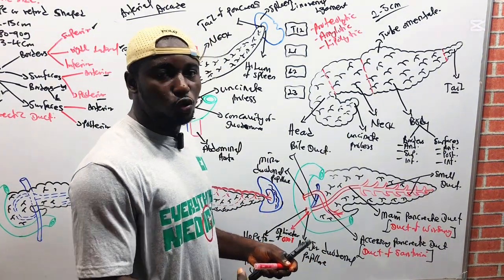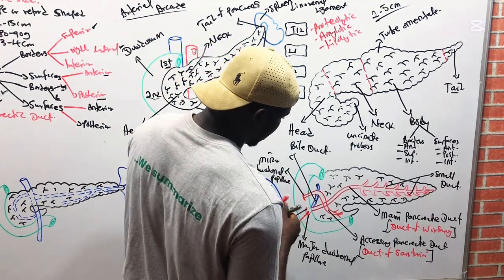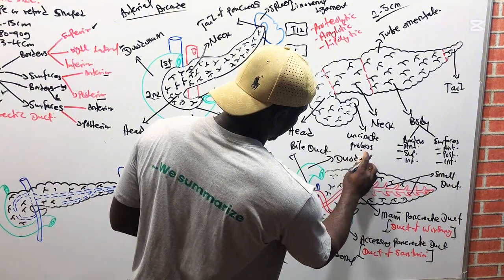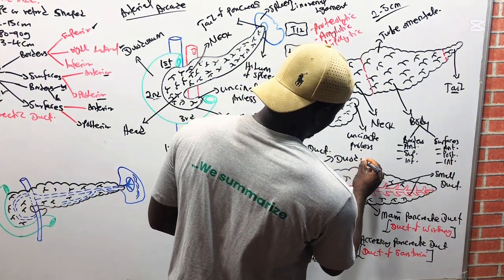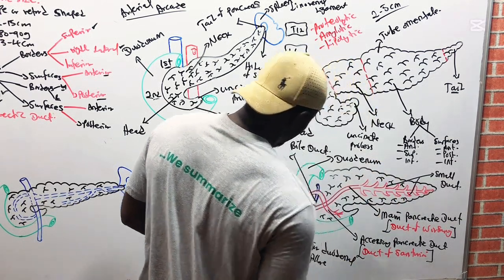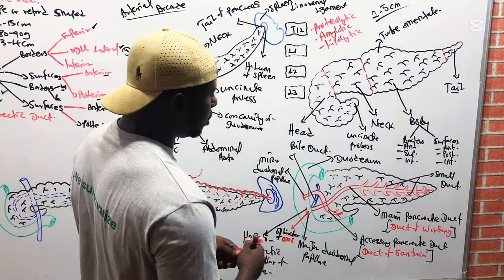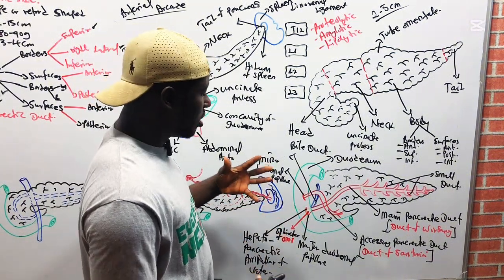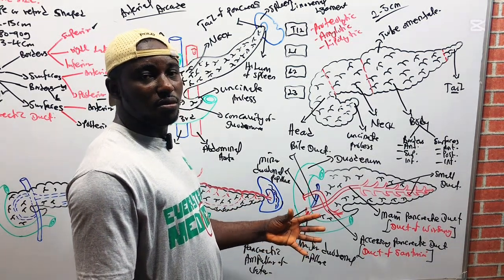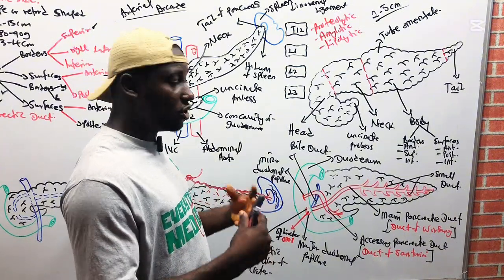The duodenum to aid in digestion. So this remains the duodenum. That is how it works. That is the pancreatic duct, and how it aids in digestion by emptying the pancreatic secretion into the duodenum, right?